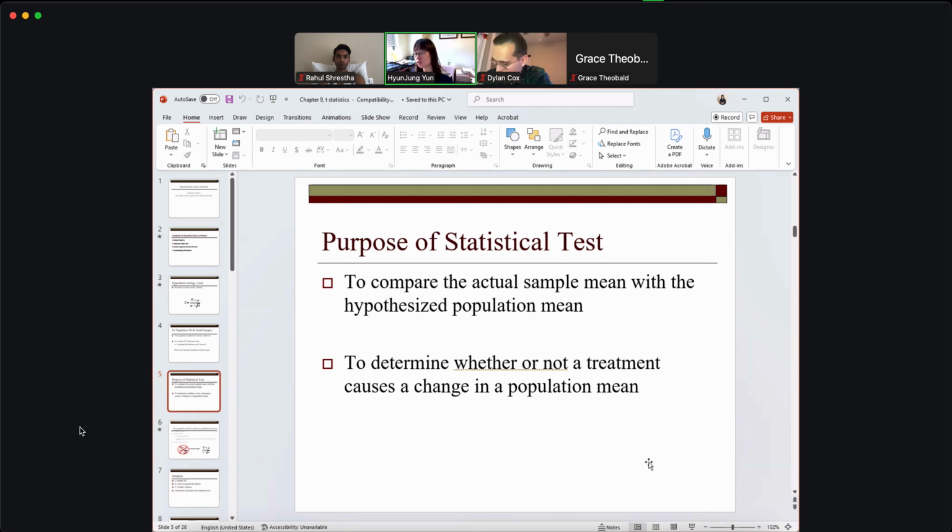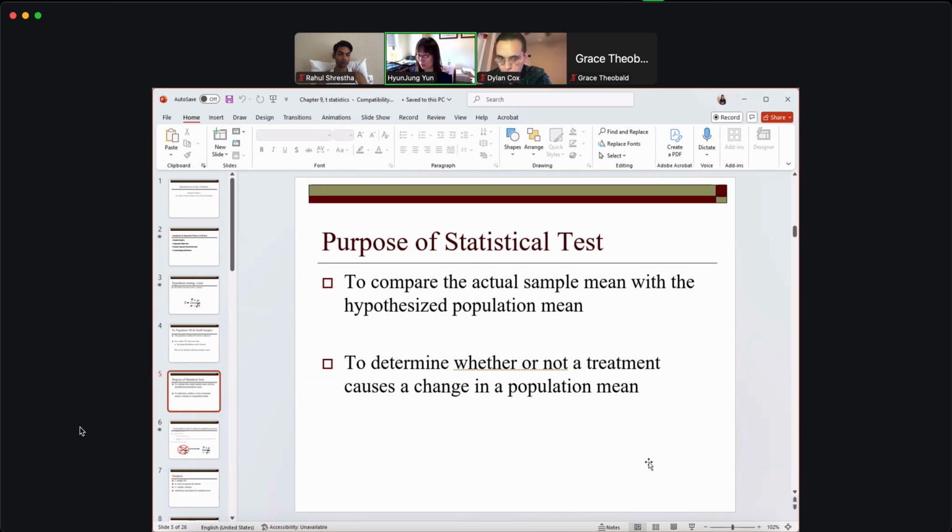So whether there's a treatment effect or not, if there's anything that affects the population, we're doing things or not doing anything. So the purpose of the hypothesis test is identical between the z-test and the t-test. The hypothesis is the same.